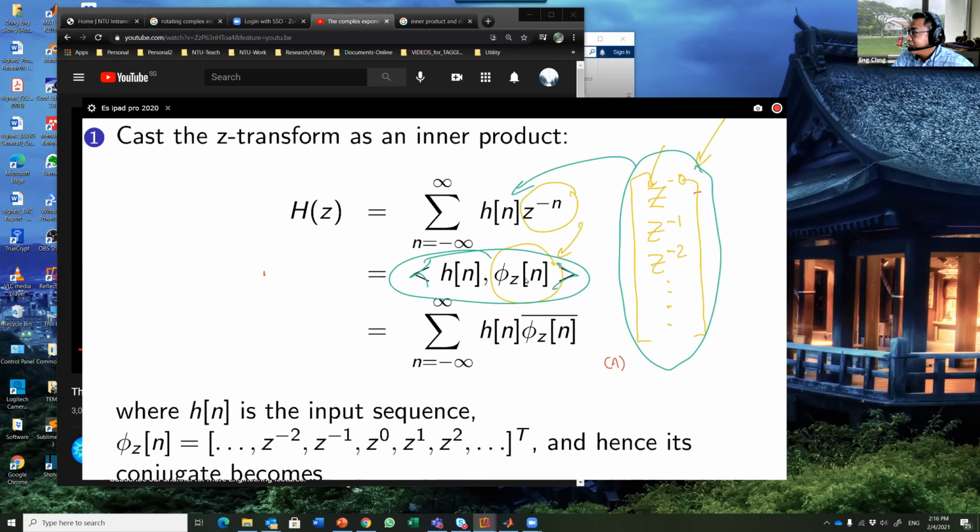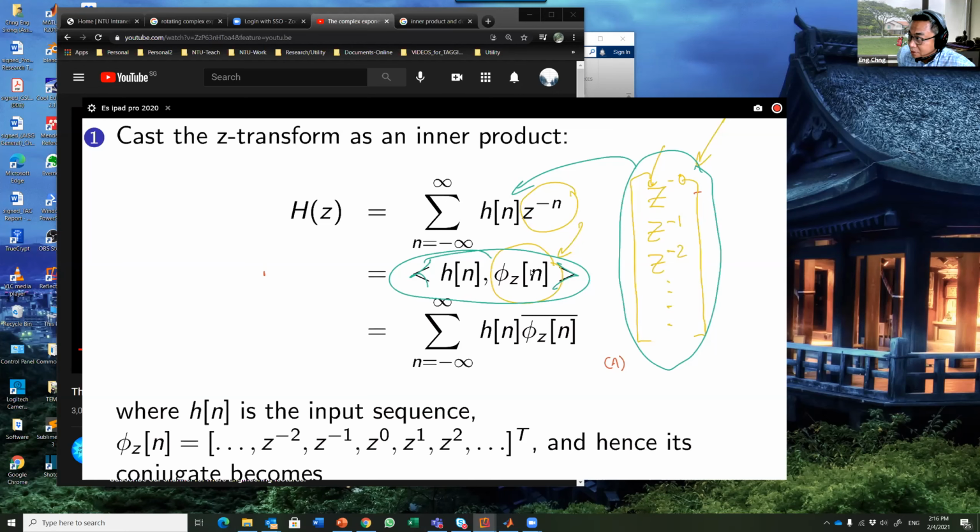And now, we are using the second one as a ruler, measuring the contribution of H on the ruler. And this ruler is based on different frequency. Okay, and then we'll finally get H of C at all frequencies. And that's the interpretation we want you to have.